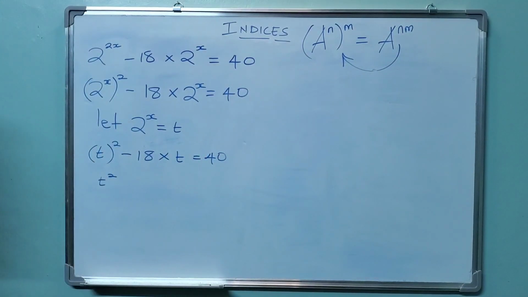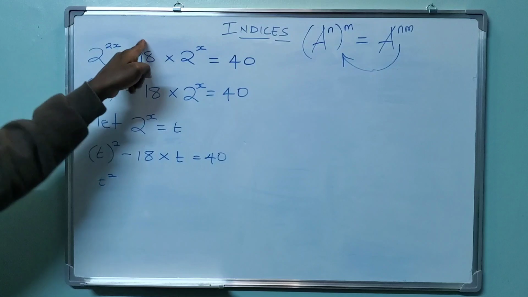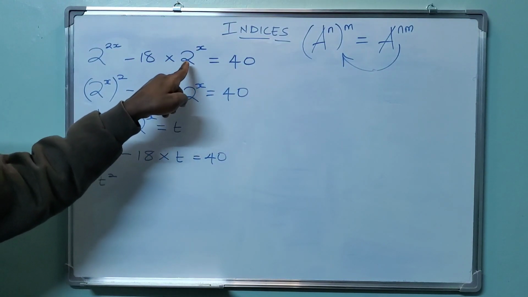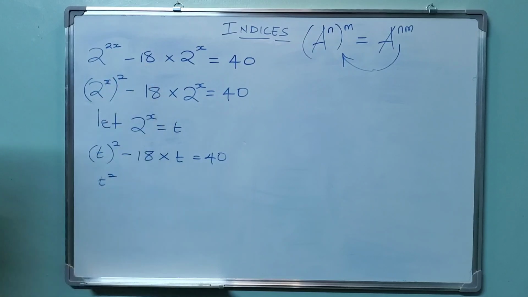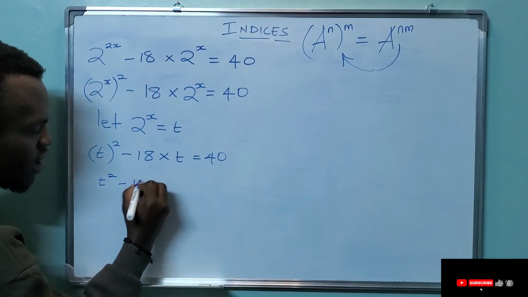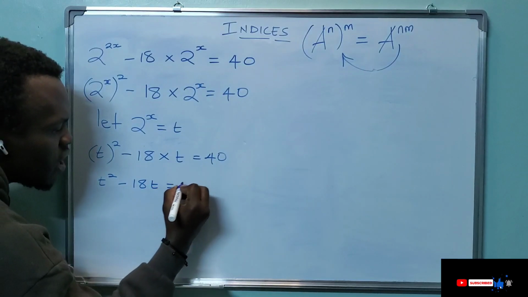Here, first of all, 18 multiplied by t. And that is the reason why I said you cannot take it to the other side, because of this multiplication. This multiplication is going to allow you to combine this and this. So I'm going to have here 18 multiplied by t to have it there as minus 18t being equals to 40.